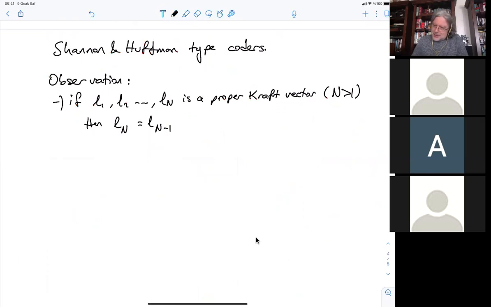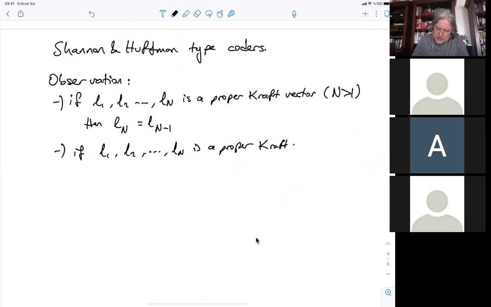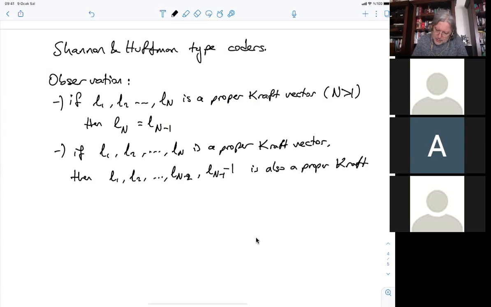Now, another observation is also there. Again, if L1, L2, up to Ln is a proper Kraft vector, then L1, L2, up to Ln minus 2, and Ln minus 1 minus 1 is also a proper Kraft vector.